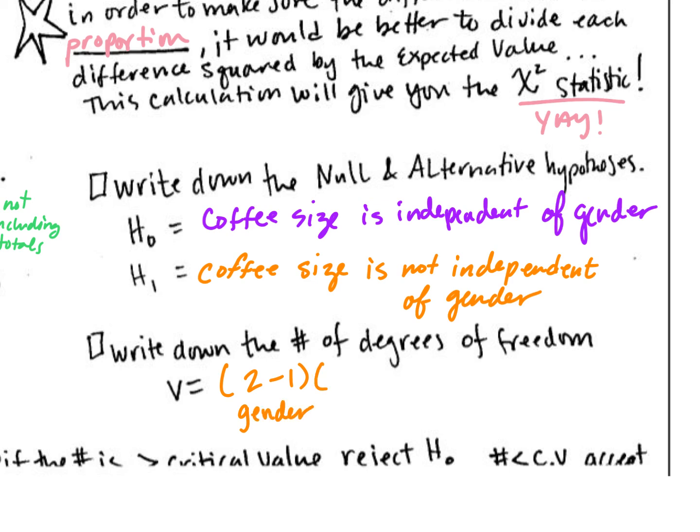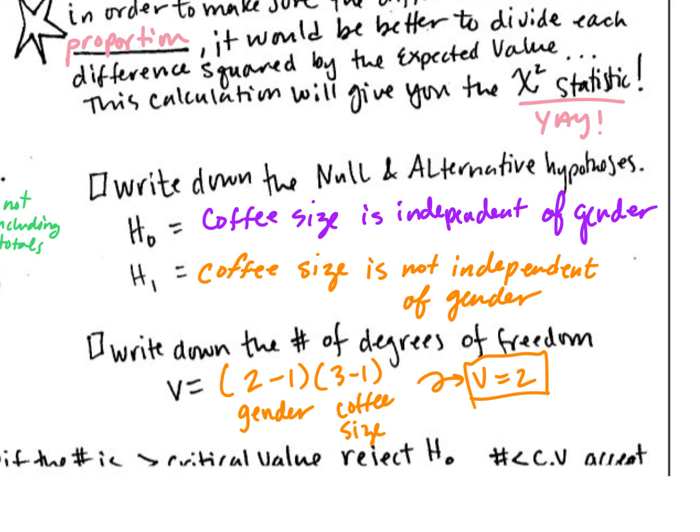And then I'm multiplying that by my columns minus 1, which is 3 minus 1, so that was my coffee size. So 1 times 2 is 2. So I have 2 degrees of freedom. That's important because it will tell us something in a bit.